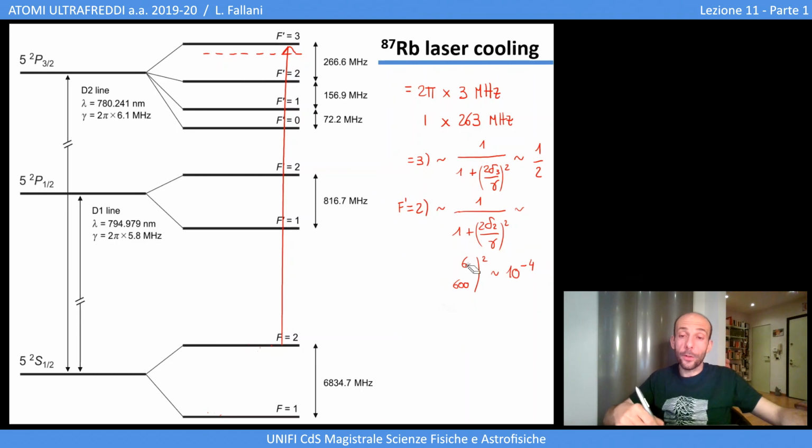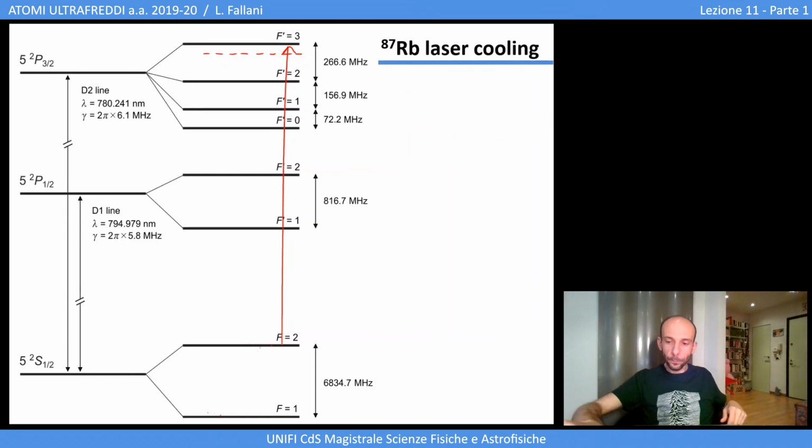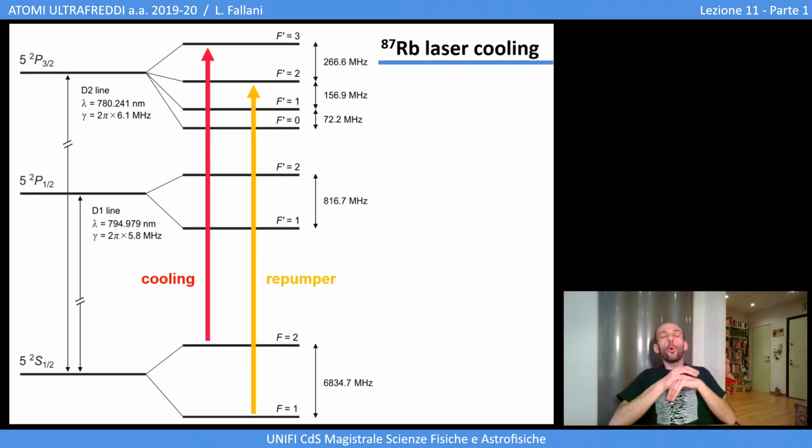There is, however, a way to solve this problem, and the way to solve this problem is to use one additional laser. And in most laser cooling experiments with alkali atoms, you use two different lasers. One cooling laser that is resonant or quasi-resonant on the transition 2 to 3, that is the right one, the closed transition that allows to have a good laser cooling, but then a repumper transition.